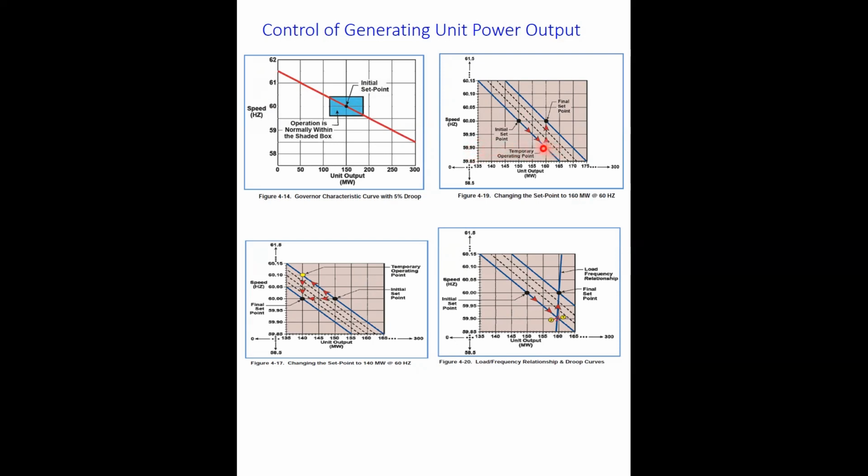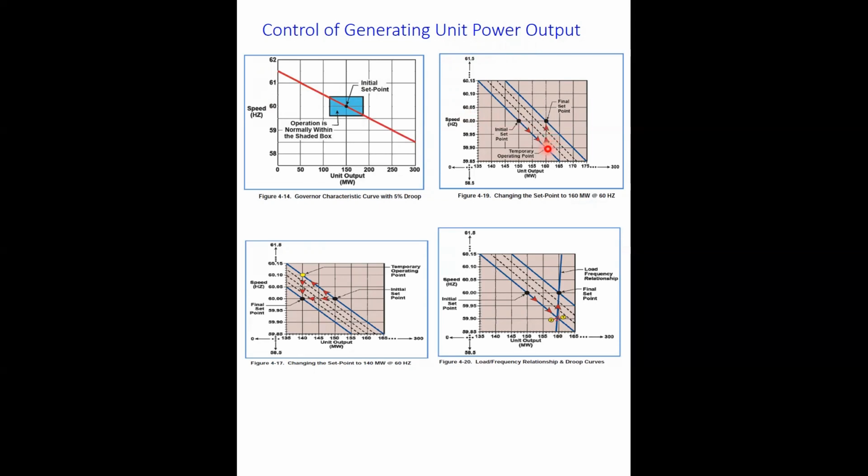So temporarily, this will be the operating point here. And with the correction applied, the change in the output power applied, that means regulation applied towards the output power change, this operating point will shift again. So now with the change in the power of 160, in fact delta P, that is 10 megawatt, you will be able to get the frequency of 60 hertz.